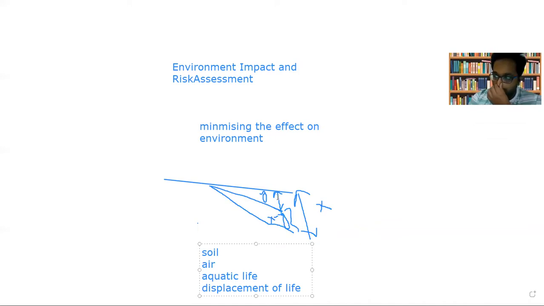So there can be a reduction of impact with a magnitude of X minus Y if you are using this environment impact assessment. Environment impact assessment is a tool which can be used for minimizing the effect on the environment. So you can underline this thing, minimizing the effect.